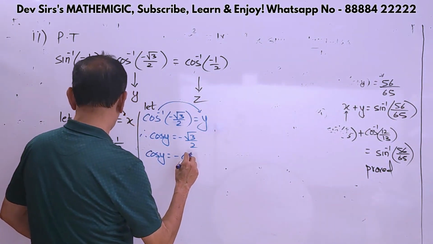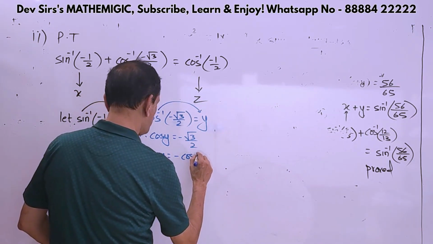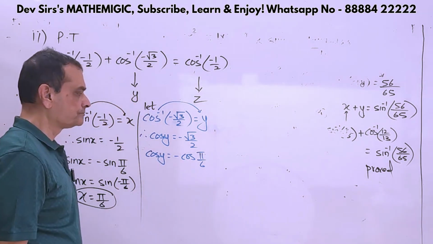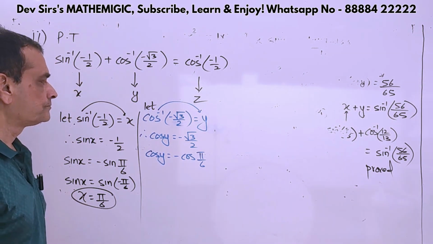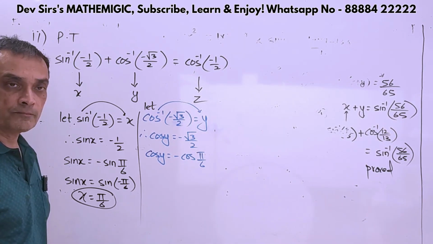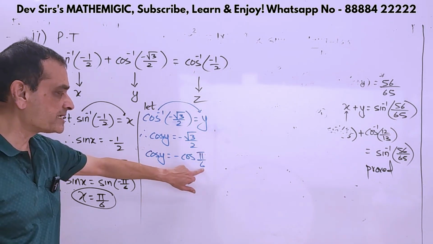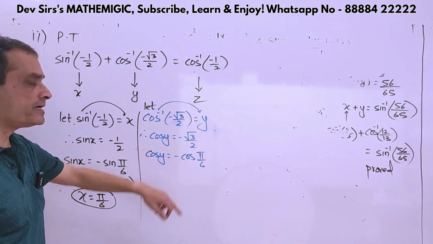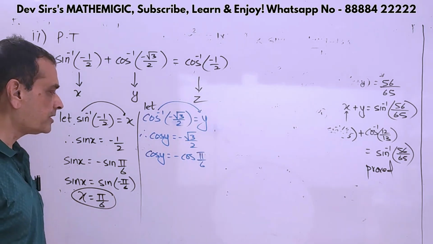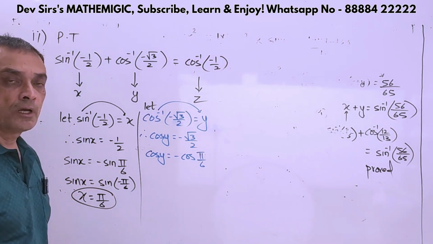So minus cos pi by 6 again. Clear? 180 upon 6, 30. Cos 30 is root 3 by 2. Sin 30 is over here, minus sin 30 is minus half.